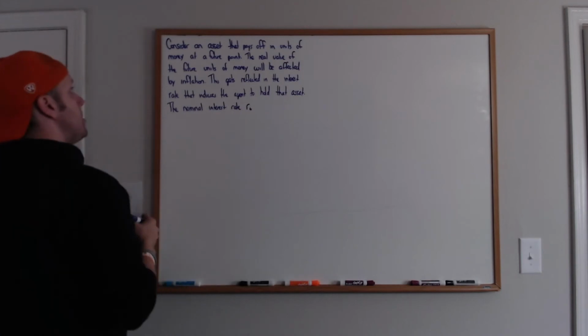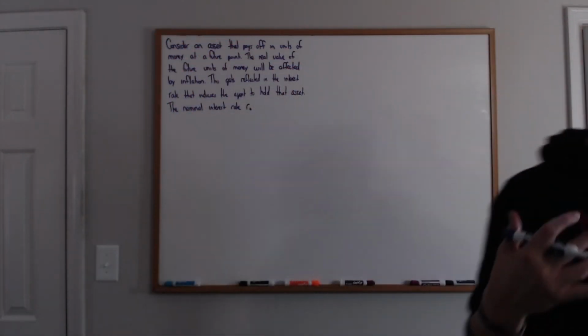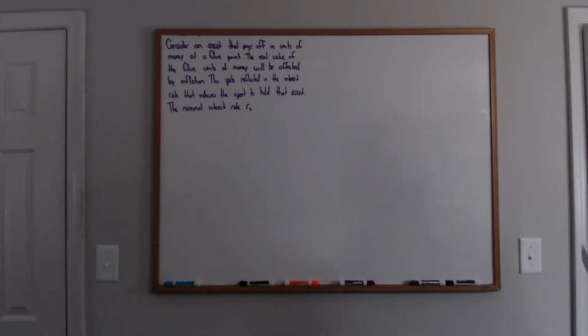So, consider an asset that pays off in units of money at a future point. The real value of future units of money will be affected by inflation. So this gets reflected in the interest rate that induces the agent to hold the asset in the first place.